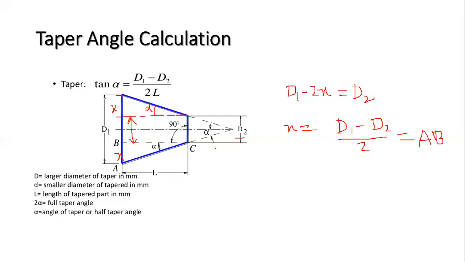Now we are calculating the value of alpha, so we take tan alpha. If we consider this triangle, tan alpha will be AB by BC.